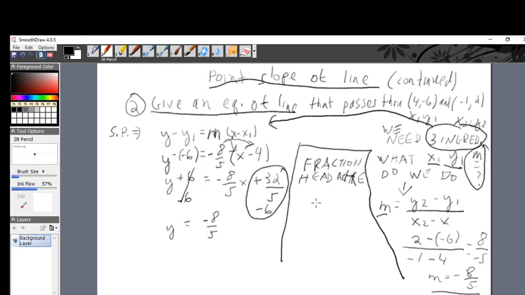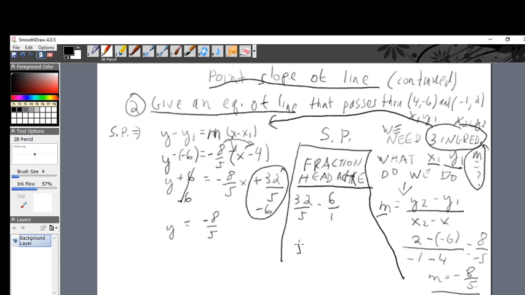We have a fraction headache. We have to now do this 32/5 minus 6 over 1. So how do we do that?